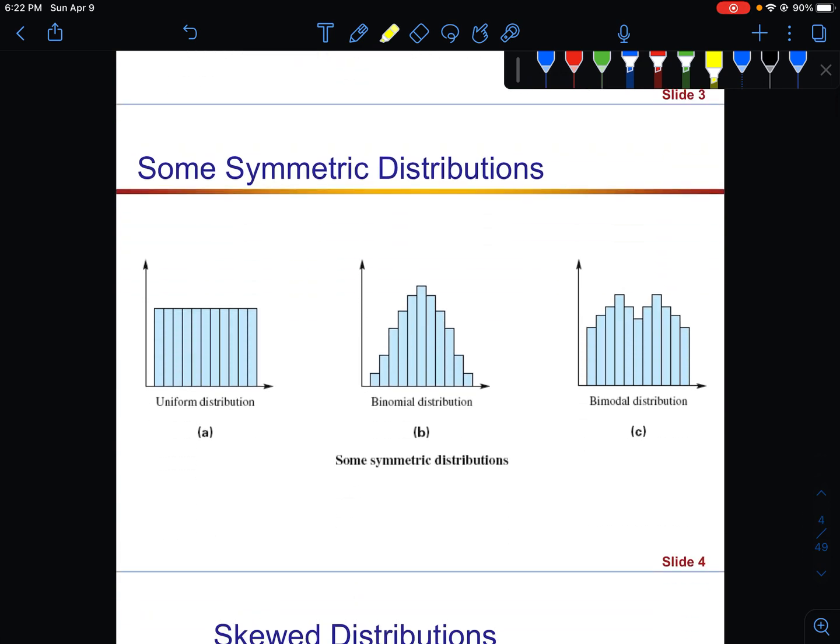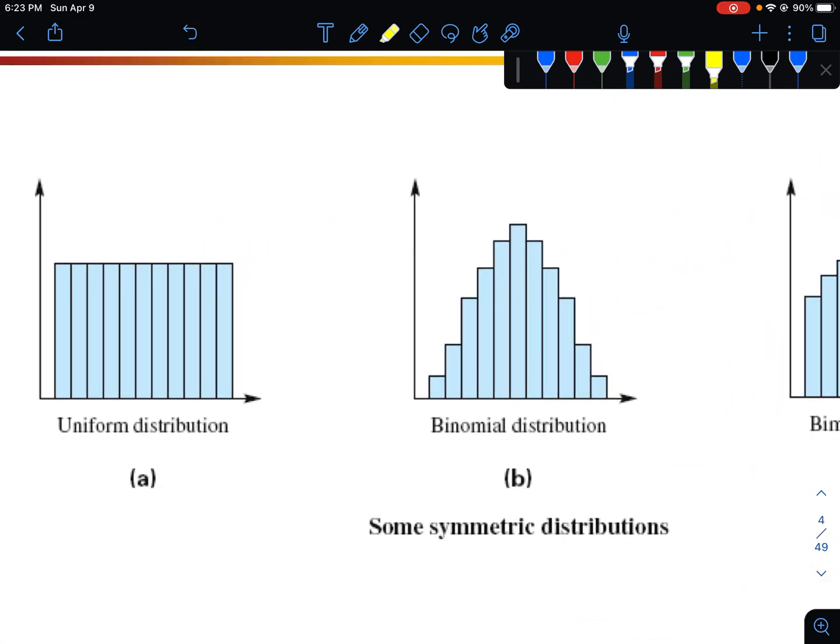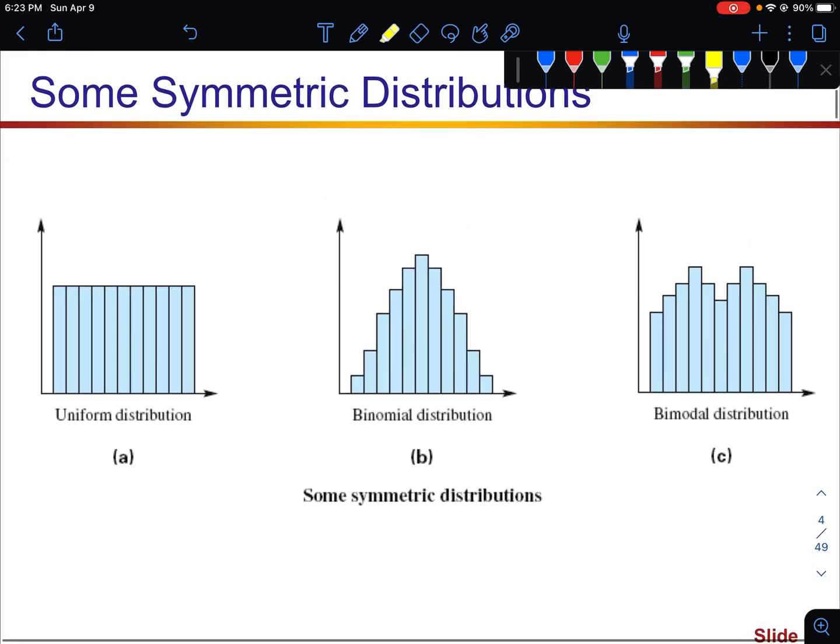So if we look at these different symmetric distributions, the first one here is called a uniform distribution, meaning that all frequencies are the same. We have the same amount of each one. But if we look at a binomial distribution, all the data is set in the middle, and then it's spread out to the left and the right pretty evenly.